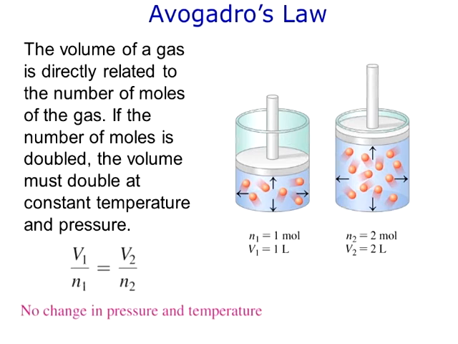Constant temperature and pressure means I ignore those in my calculations, even if the values are mentioned in the problem. I simply ignore them because at constant pressure and constant temperature, I am only concerned with V1 over N1, which is the first volume and mole condition, to V2 over N2, which is the second set of conditions.